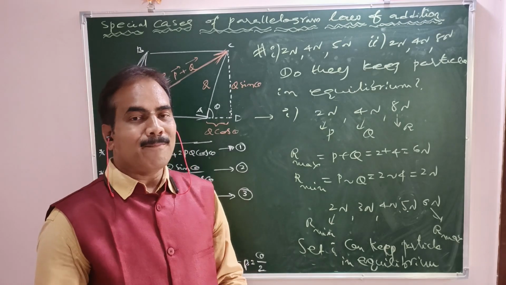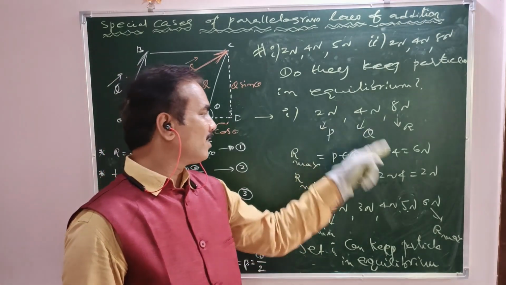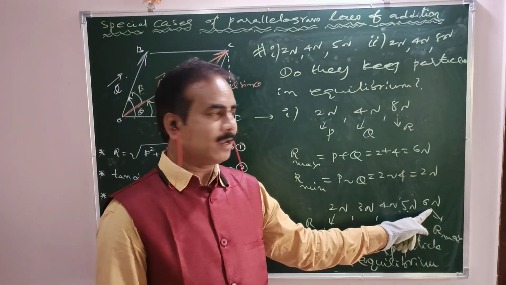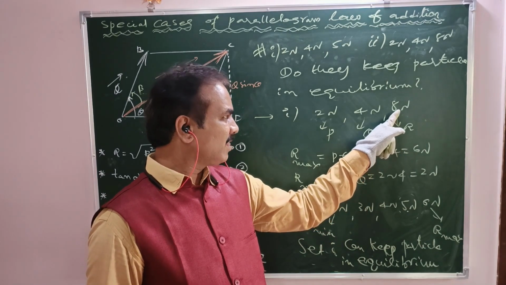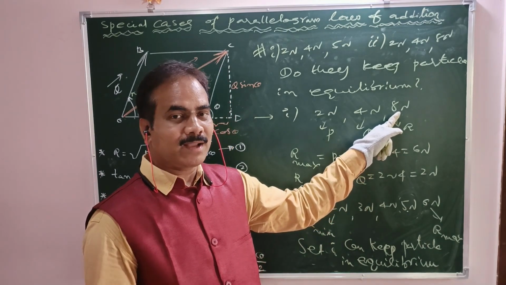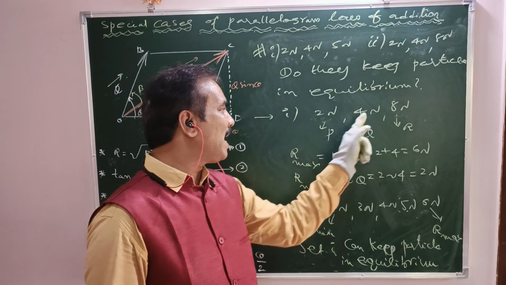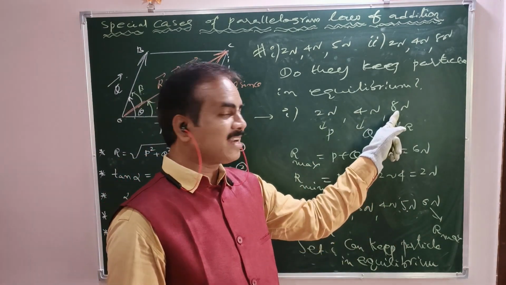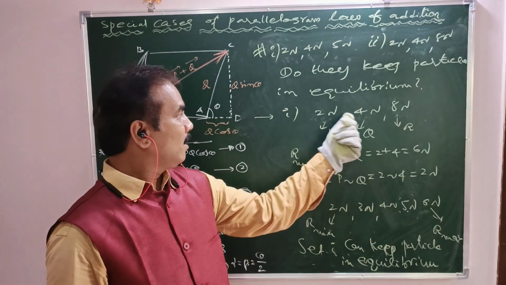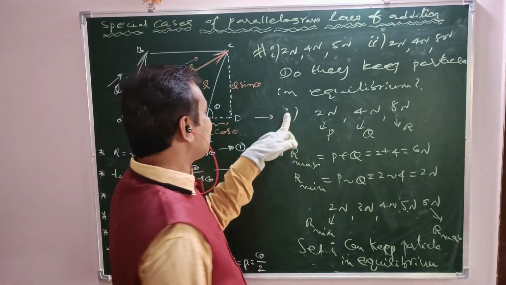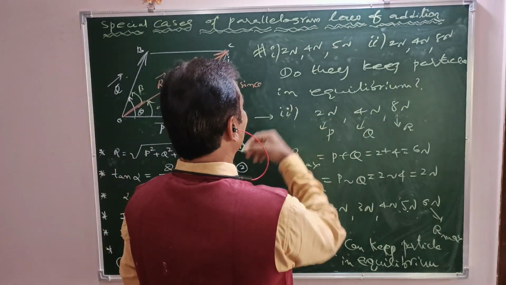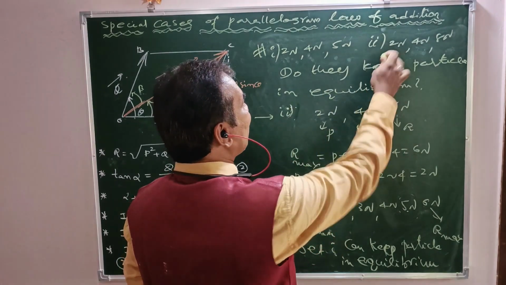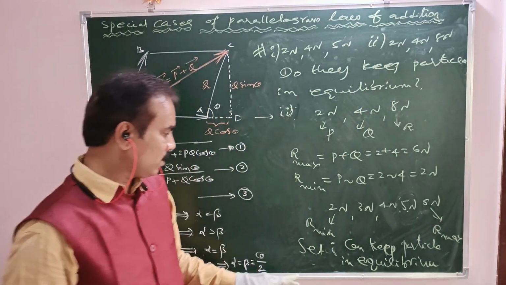Okay, we can't get 8 with these two parent vectors. Why? Because the maximum resultant itself is 2 plus 4, that is 6. But here, among three forces, 8 is given. We can't get 8 by adding these two parent vectors. 2 plus 4, max value 6 only. But the given resultant is 8. That is the reason why, making use of the second set, we can't keep the particle in equilibrium.